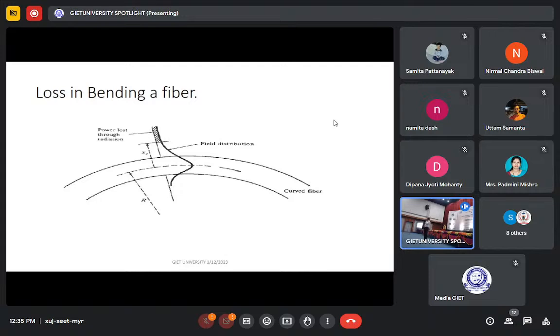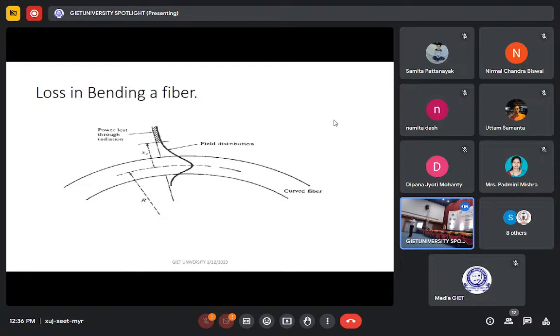Now, this is another slide where I have shown that if you bend the fiber, the field which comes out of the core also changes. My aim is to make the field coming out of the core interact with the measurement. So if you simply change the geometry of the fiber, as in this simple diagram, you can see that if you bend the fiber, the amount of field coming out of the optical fiber will increase.